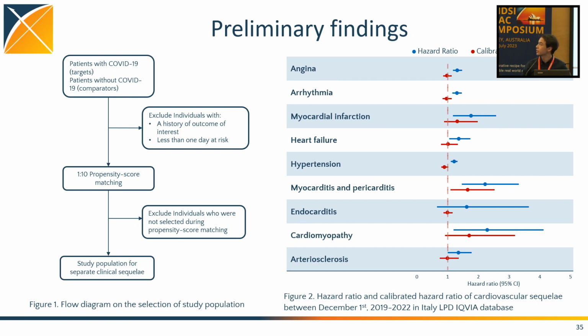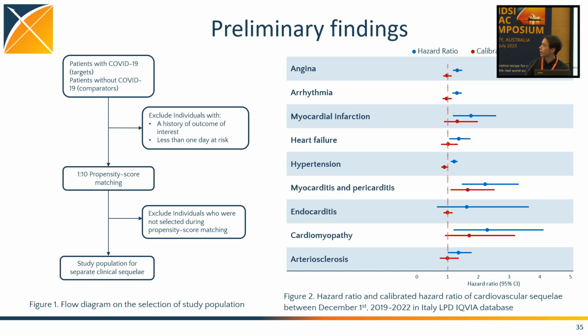Here are some of the preliminary findings that we have obtained so far. On the flowchart on the right, you can see how we selected the study population for each of the study outcomes.